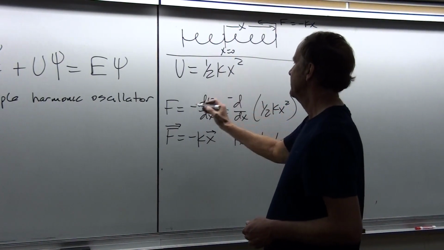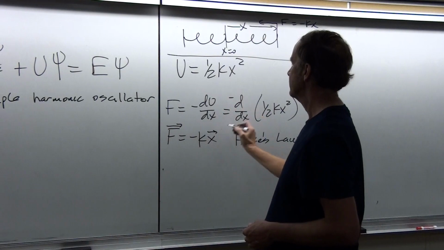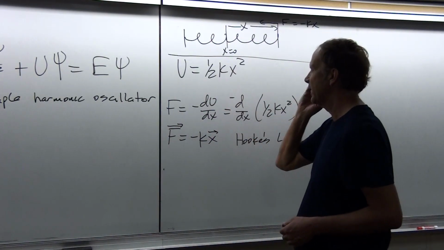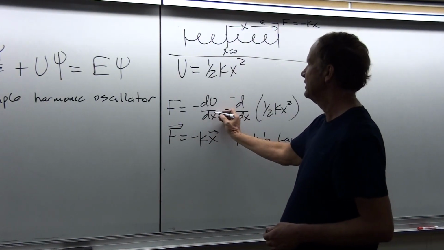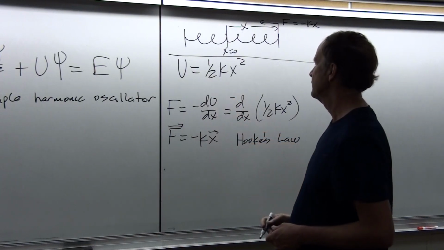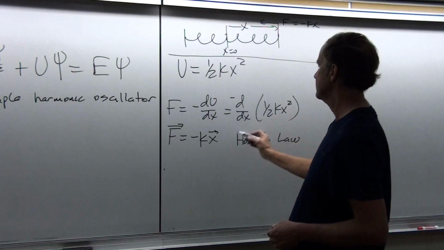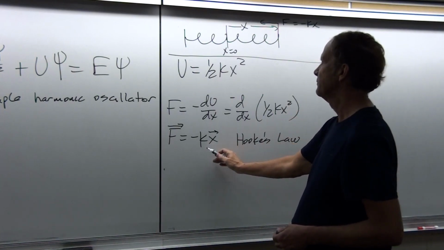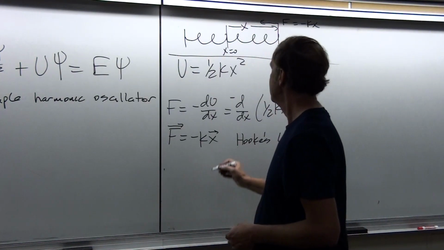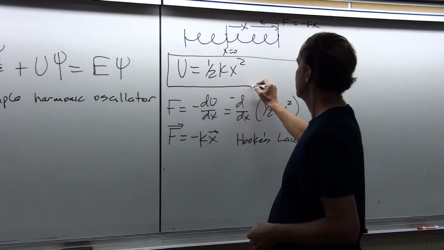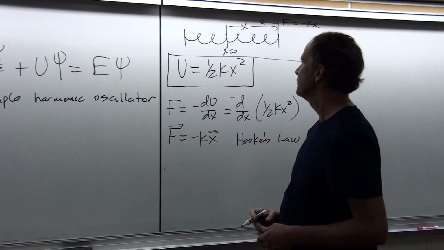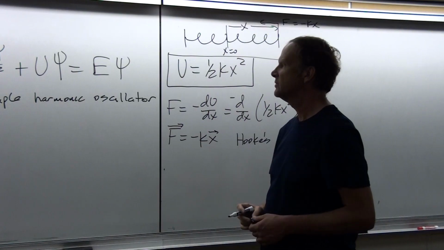We can get our familiar force relationship by differentiating the potential energy with respect to x: minus d by dx of 1/2 kx squared, or minus kx. So the simple harmonic oscillator potential is a parabolic function in x.